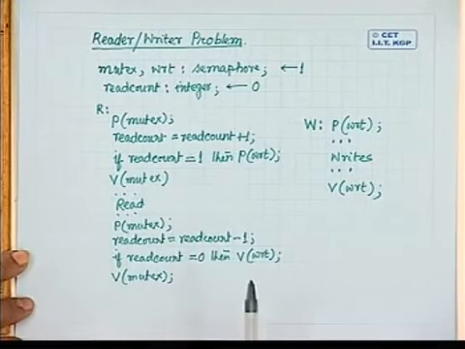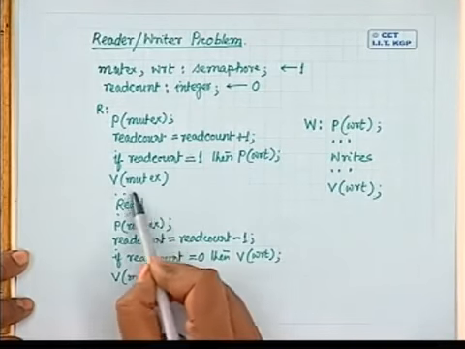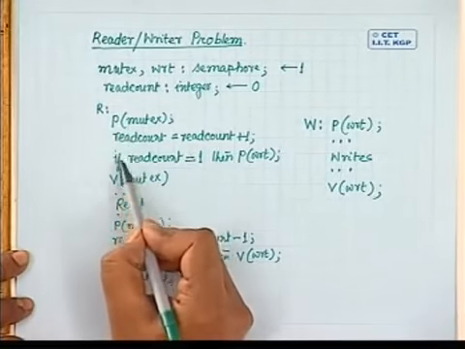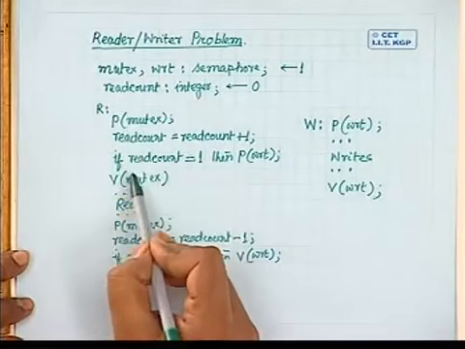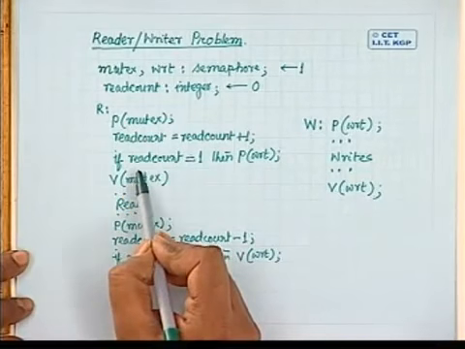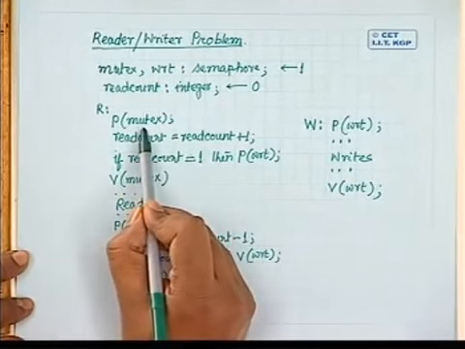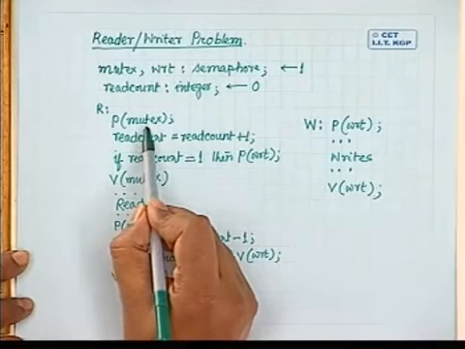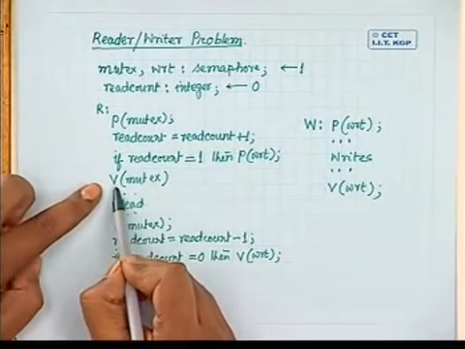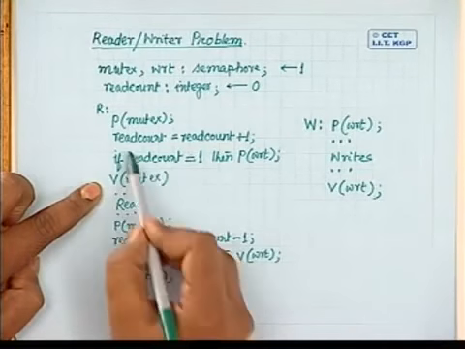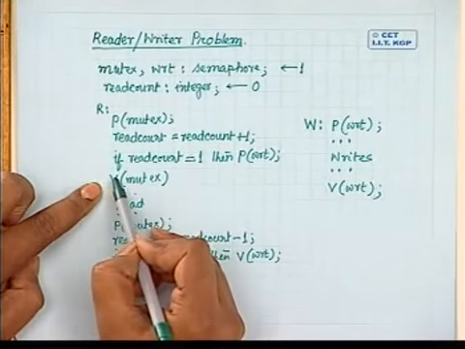I have a number of reader processes. Every reader process, whenever it wants to read contents of the file, has to execute these statements first. Okay. Now, whenever one reader process performs this p mutex operation, until and unless it performs the corresponding v mutex operation, no other reader process can enter this part.